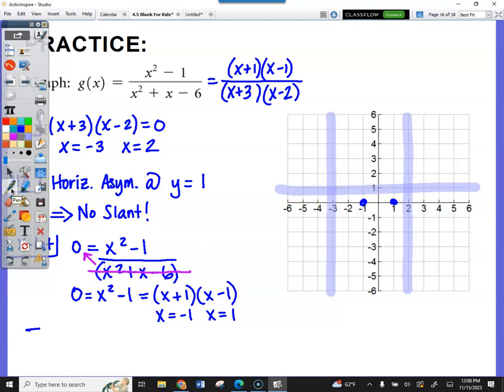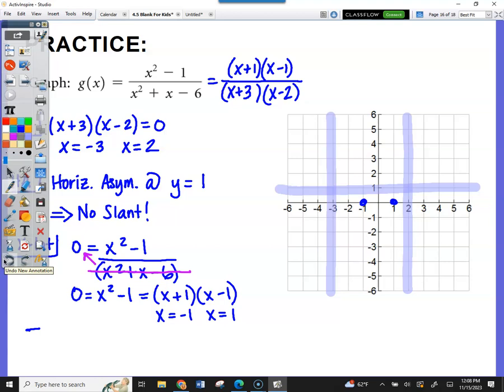You can see we have 3 sections of this graph. When I say that, I'm talking vertical sections: you got one to the left, one in the middle, and one to the right. Clearly, we can see where the graph is in the middle. It's going to be in this section right here. We need to know where the rest of it is. We also need to know where the y-intercept is.